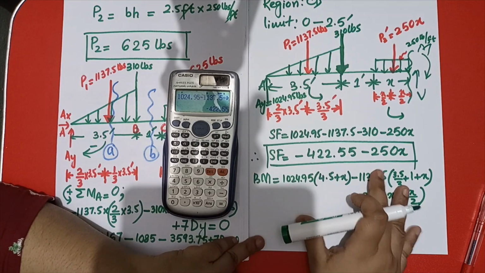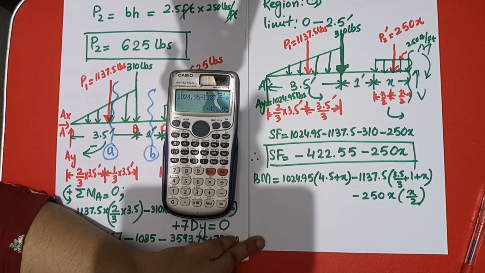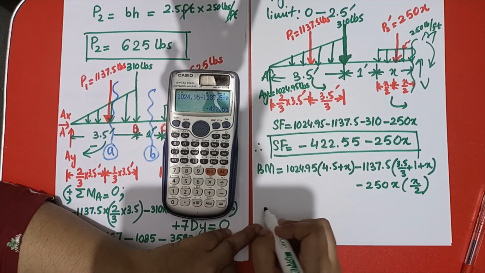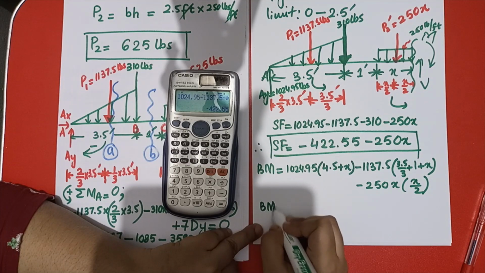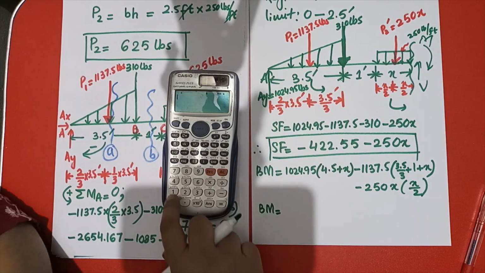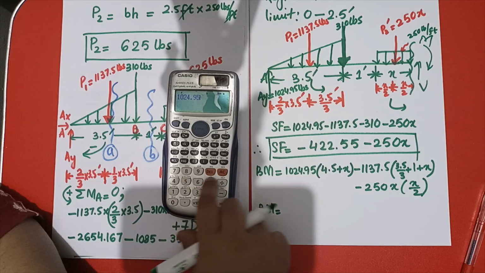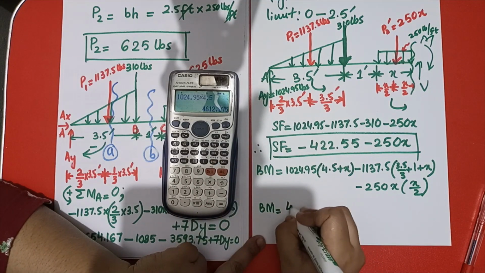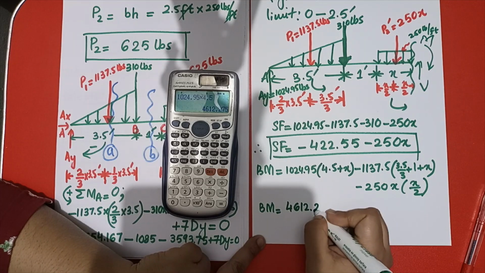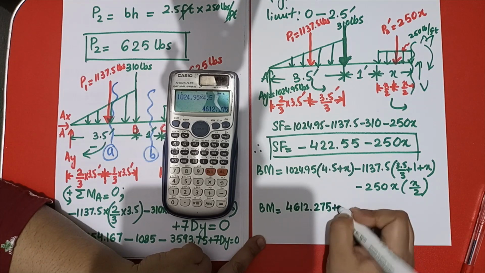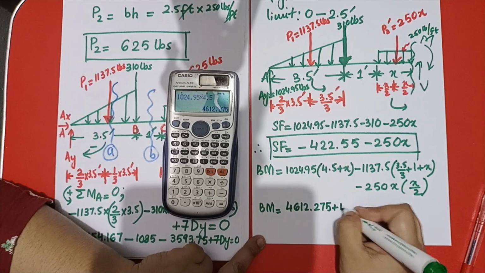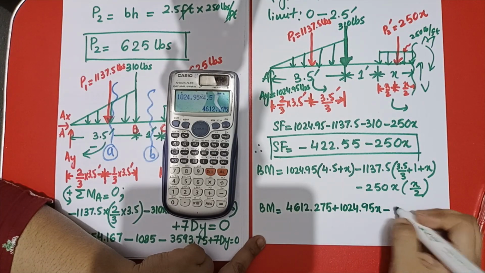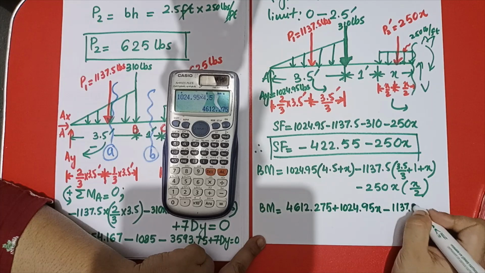So we have done with the shear force equation. Now we are moving towards the bending moment equation and we have to simplify it. So how can we simplify it? Just multiply 1024.95 by 4.5. So it is 4612.275. Plus when you multiply with x, it will come out 1024.95x minus 1137.5.